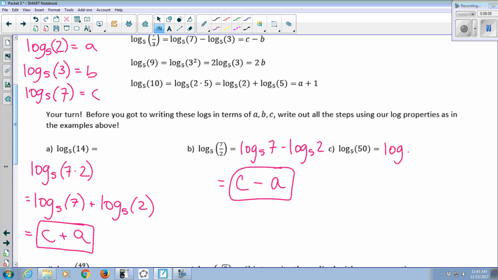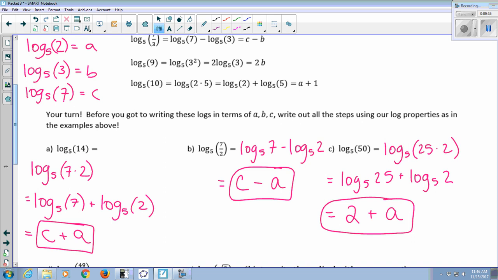So I have log base 5 of 25 times 2. Expand that, so I have log base 5 of 25 plus log base 5 of 2. Now log base 5 of 25 is just a number. 5 to what power gives you 25? So that's 2. And log base 5 of 2 is one that I know. That is valued at A.